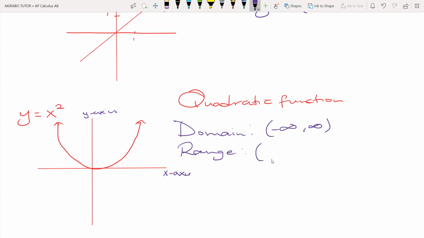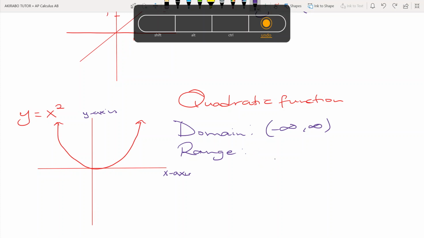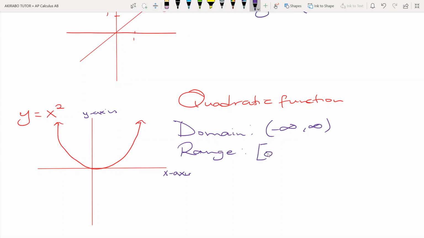So this would actually start from 0 to infinity. If I was a perfect artist, you would see that this starts from 0 and goes all the way to infinity in either direction. Again, this is what we call a concave up function. Don't worry about it, we're going to get into more detail about it.